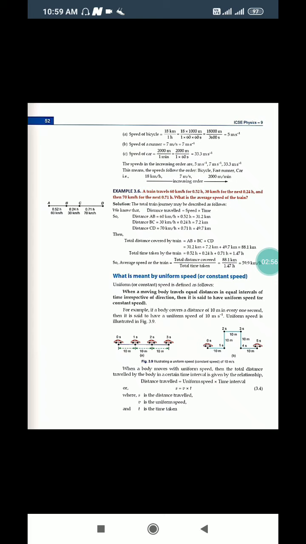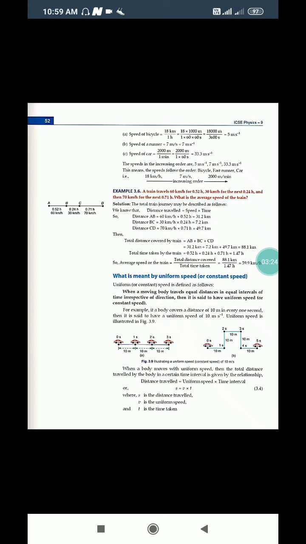Let us take an example. The motion of a ball on a frictionless plane surface is with uniform speed. Knowing the uniform speed of a body, we can calculate the distance moved by the body in a certain interval of time. If a body moves with a uniform speed v, the distance traveled by it in time small t is given as capital S is equal to v into t.